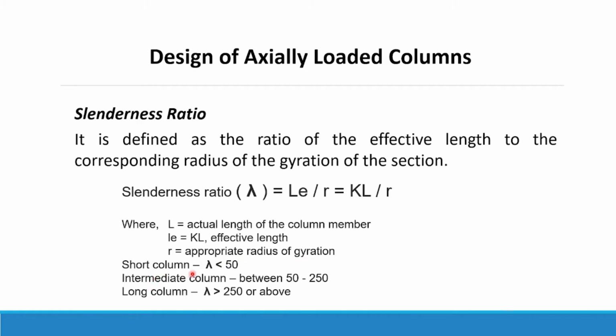For a short column, the slenderness ratio should be less than 50. For an intermediate column, the slenderness ratio is between 50 and 250. And for a long column, the slenderness ratio is greater than 250.